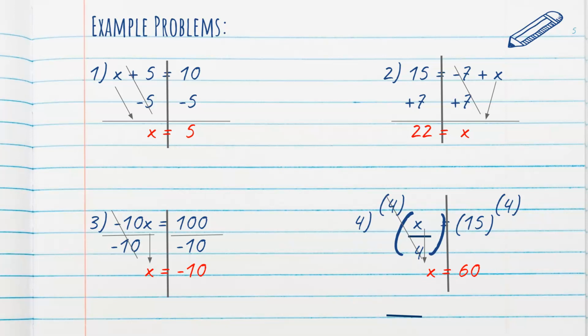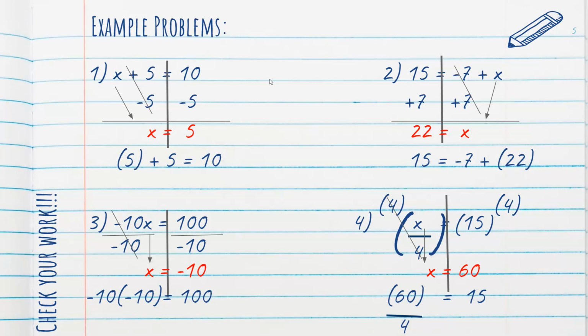All right, so the last thing I want to point out here, and this I encourage you to do in your head: whenever you've got an answer, you can always plug it back in to see if it works. So you don't necessarily have to write all this down. What we've done here is we've taken our answer.